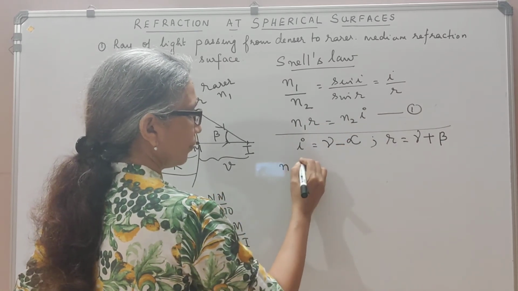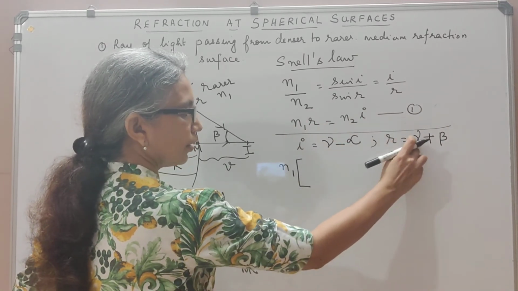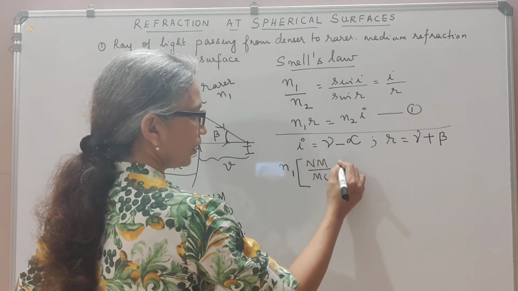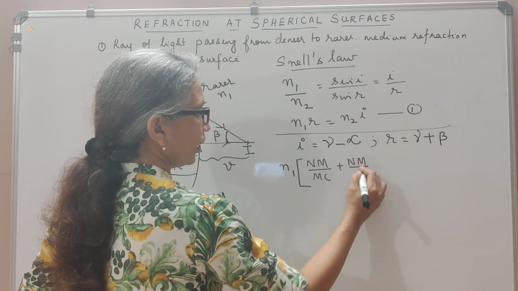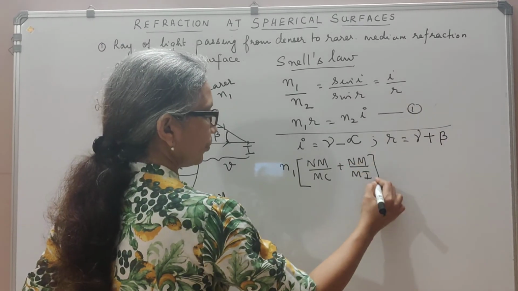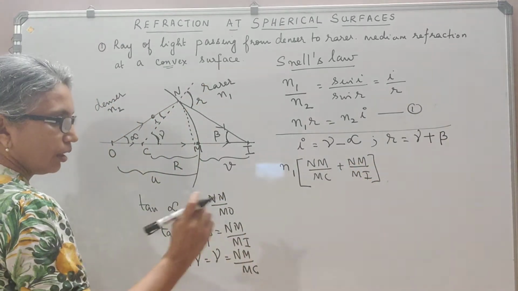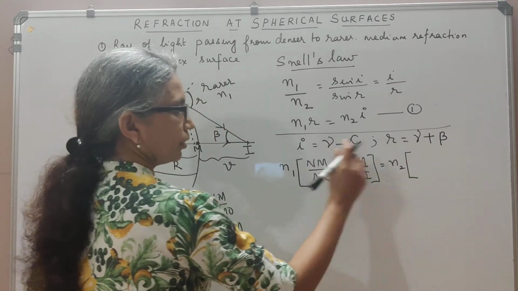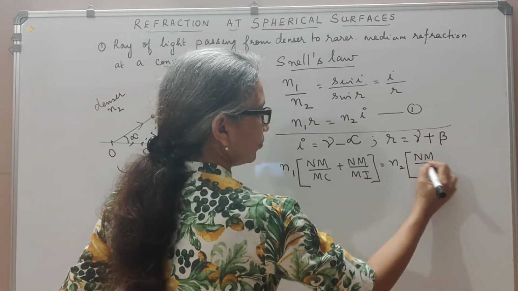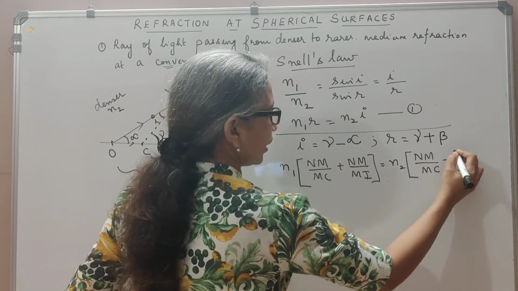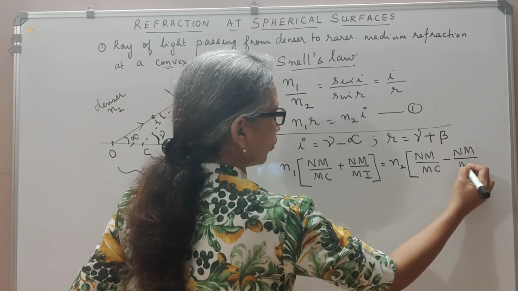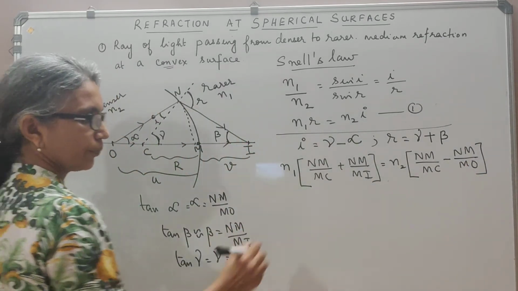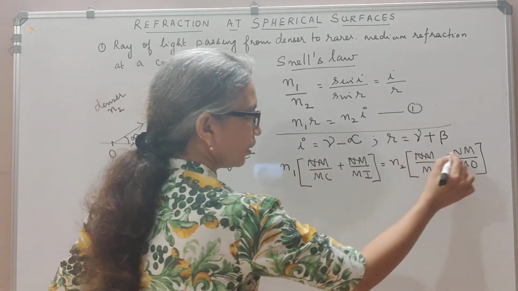So we have N1 bracket, R is here, gamma plus beta, which will be NM by MC plus NM by MI, from here. This is equal to N2 brackets, I is here, so that will be NM by MC minus NM by MO, from here. NM is common everywhere.